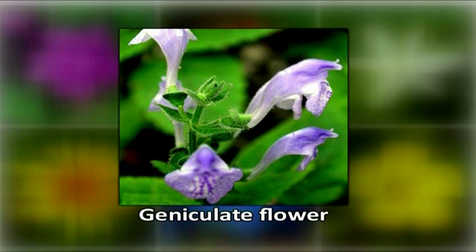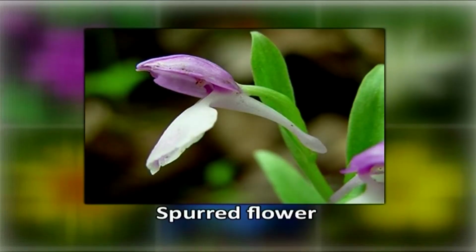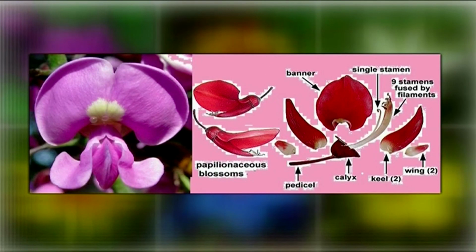They may be geniculate with a knee-like bend, or spurred with an extension or spur, common in Delphinium, Aquilegia and Linaria, etc. Zygomorphic corolla can also be of papilionaceous type, like a butterfly with a central standard petal and lateral wing petals, as in papilionaceous plants like Astragalus and Pisum, etc.